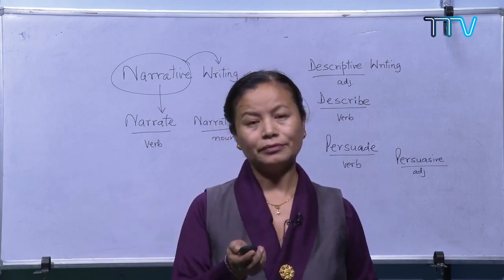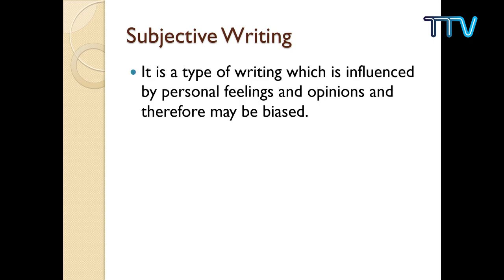So, look at the slide. It is a type of writing which is influenced by personal feelings and opinions, and therefore may be biased, because the focus is not on what is actually happening, the object, but rather more on the subject. And so, there is a chance that it can be biased.